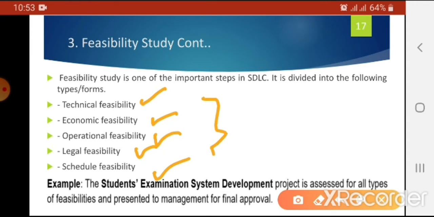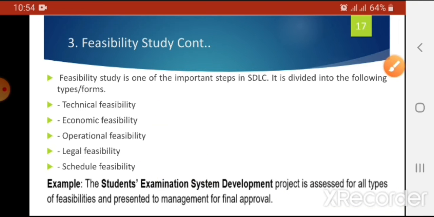We study that a project should be technically feasible, economically feasible, operationally feasible, legally feasible, and it should be feasible schedule-wise, meaning it should take a particular time period, it should not take years and years.